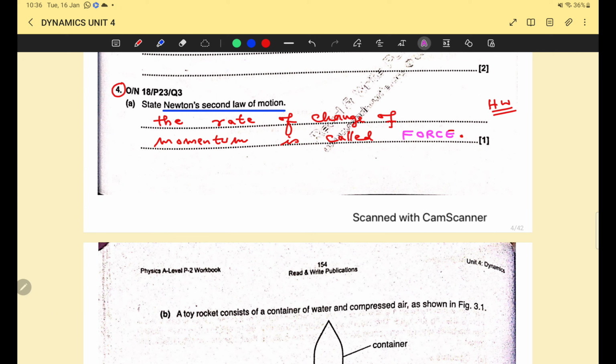So it is the relation between force and momentum. Force is the rate of change of momentum. Okay, beta? It is also known as the definition of force as well as Newton's second law of motion.